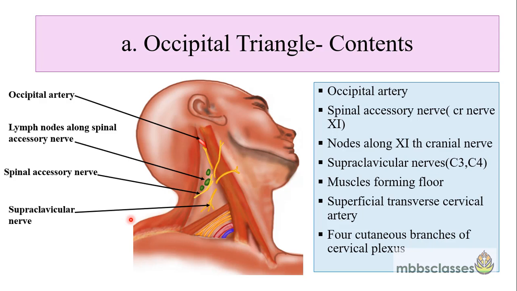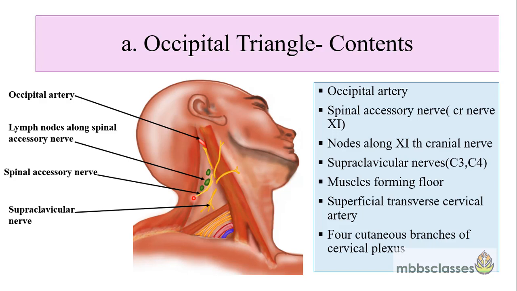Now let's see the contents of the occipital triangle. It is called occipital triangle because it contains occipital artery. This is the occipital artery, which is the most cranial content of the occipital triangle. The next content is the spinal accessory nerve, which runs from the sternocleidomastoid obliquely up to the trapezius muscle.